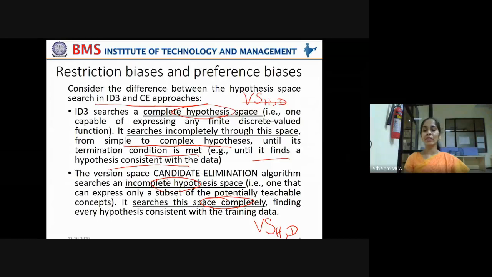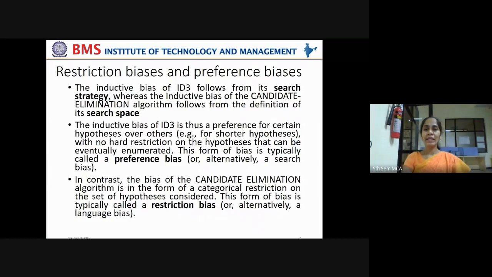Let me make it more clear to you. Now, the inductive bias of ID3 follows from its search strategy, whereas the inductive bias of the candidate elimination algorithm follows from the definition of its search space. So the inductive bias of ID3 lies in its search plan, how it searches the hypothesis space.